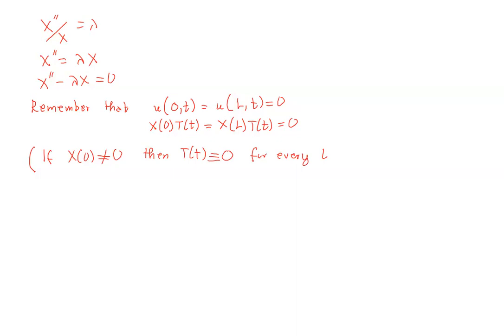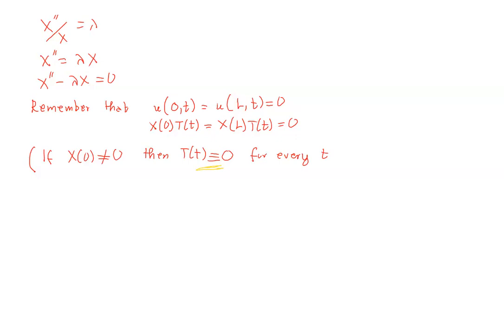Please see that I used the three lines here. I know that some of you may not be acquainted with this symbolism in mathematics, but it really means that they're identically equal. So if x of 0 is different from 0, then T of t would have to be equal to 0.